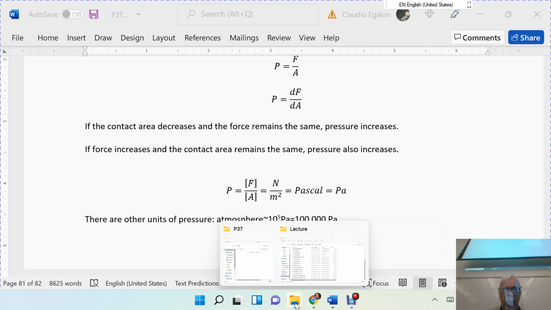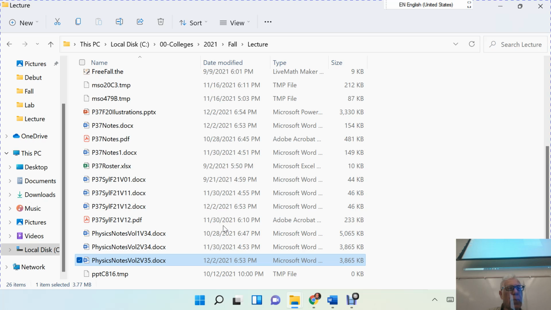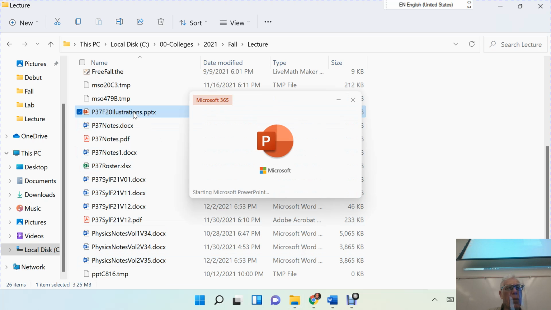Let me get a drawing here for you. An illustration for you of how it works.